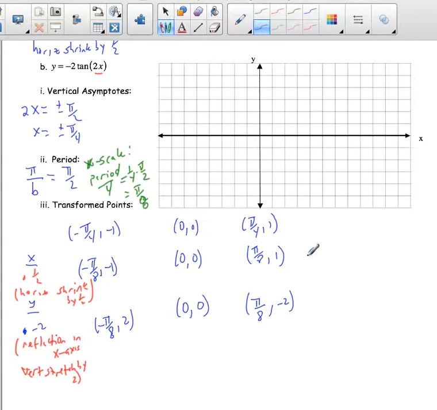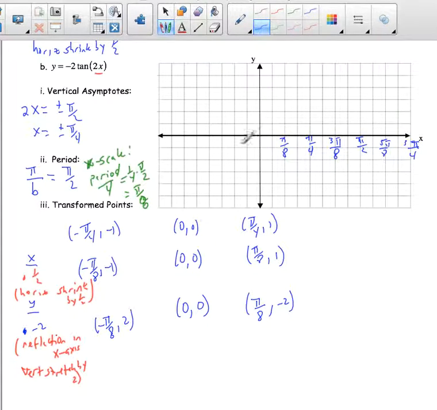Let's set up our x-axis. Like we said, intervals of pi over 8. So I'm going to count by pi over 8. So I'm at pi over 8. I'm going to do 2 squares as pi over 8. 2 pi over 8, which I'll simplify to pi over 4. 3 pi over 8 can't be simplified, so I'll write that. 4 pi over 8 simplifies to pi over 2. 5 pi over 8, I can't simplify that. 6 pi over 8 simplifies to 3 pi over 4.